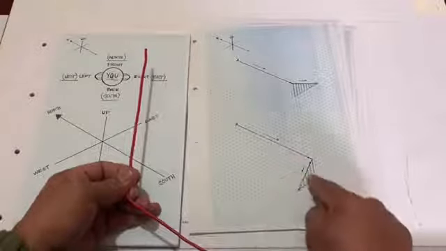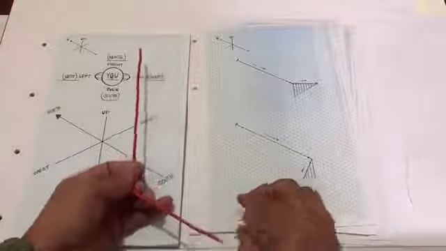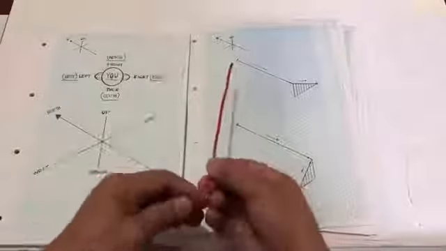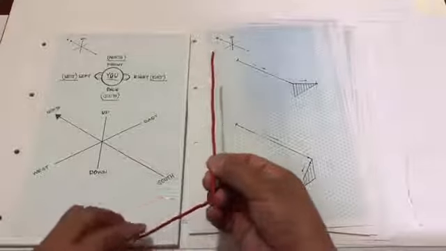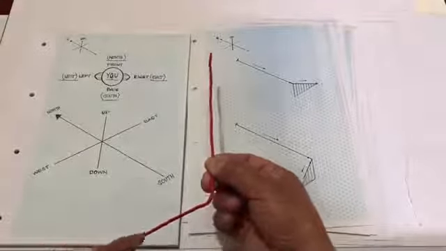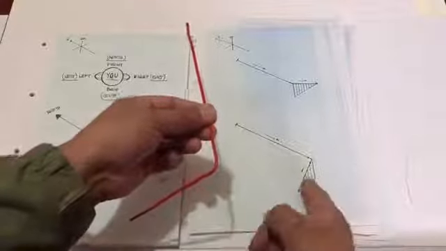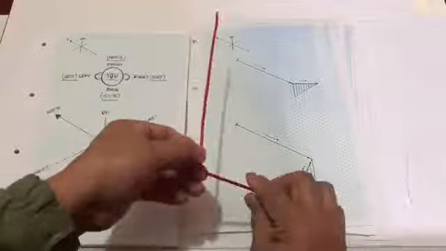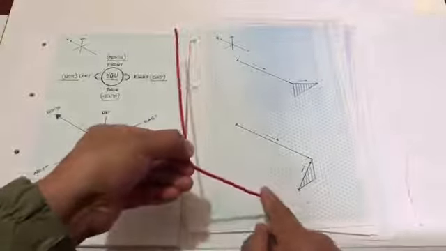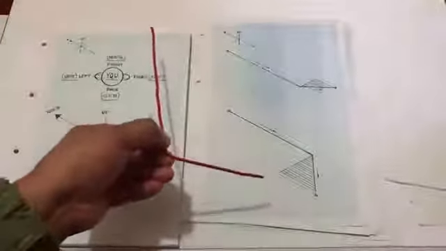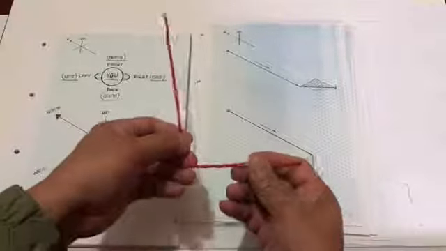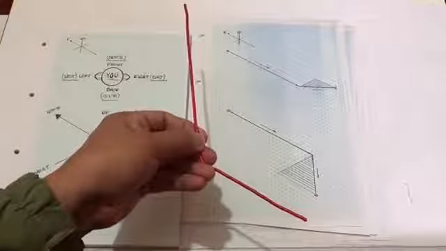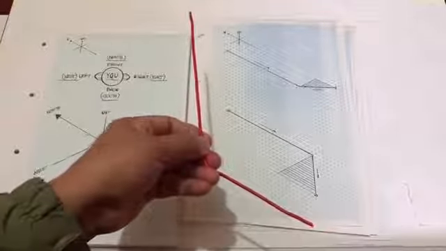So that one goes down to the west. It goes down to the east. But this one, it deflected horizontally to the southeast, right?